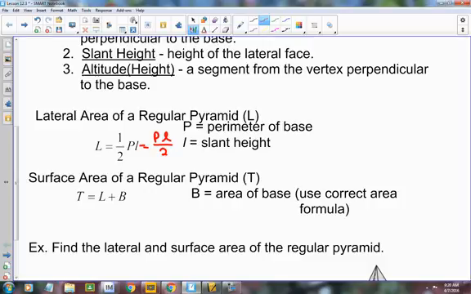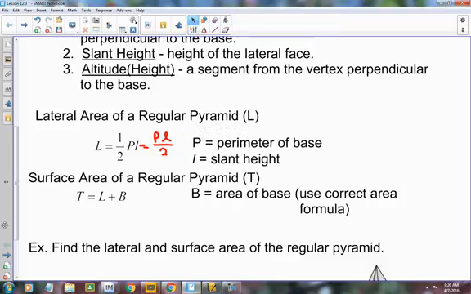And then your total surface area takes that lateral area and adds one base to it, because your pyramid just has one base. Just like I said before, it is important that you write those formulas down because you're going to be going between pyramids and prisms. The pyramid has one base, the prism has 2. So you look at the shape, you write the formula down, and then you work the problem, okay?